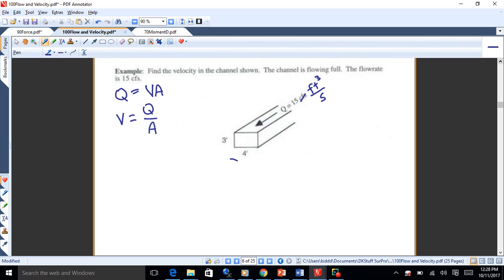Q over A. Remember, Q is the flow rate. CFS is cubic feet per second. It's an abbreviation that's commonly used.